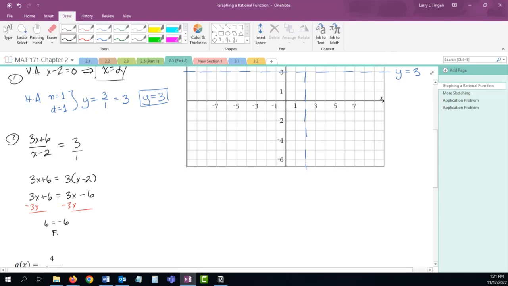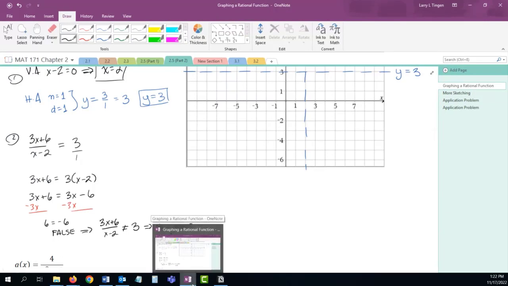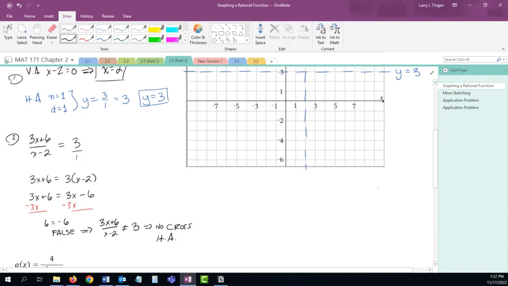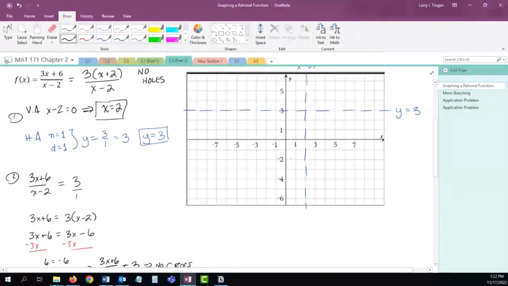When I get something back that is false, and what I mean is all the x's go away and I end up with something that's false, that means 3x plus 6 over x minus 2 is never equal to 3, which means that I do not cross the horizontal asymptote. Does that make sense? Okay, so there's never a time where I cross the horizontal asymptote here.